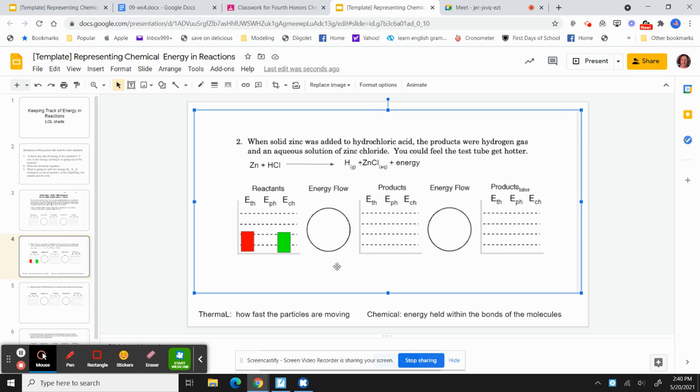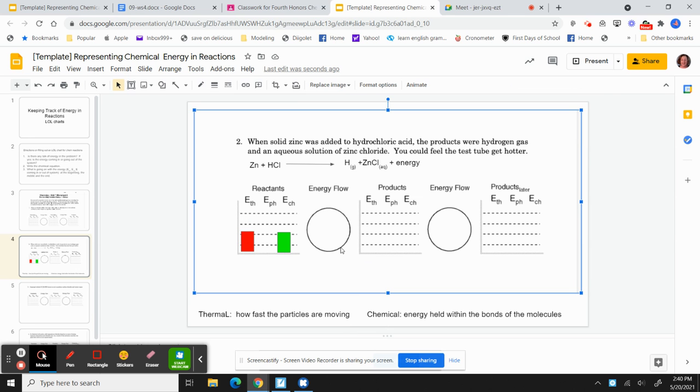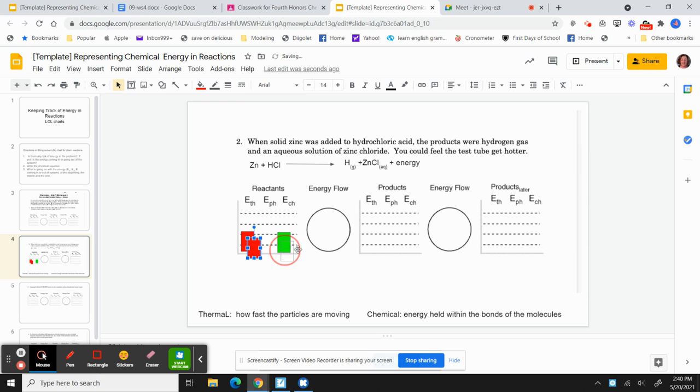Yep, it's going to heat up. The particles are going to move faster because they start hitting each other, right? Very good. So we're going to have to increase the amount of thermal energy because we know that it's heated up. And the reason why it's heated up is because they're running into one another, and that's going to increase the speed.